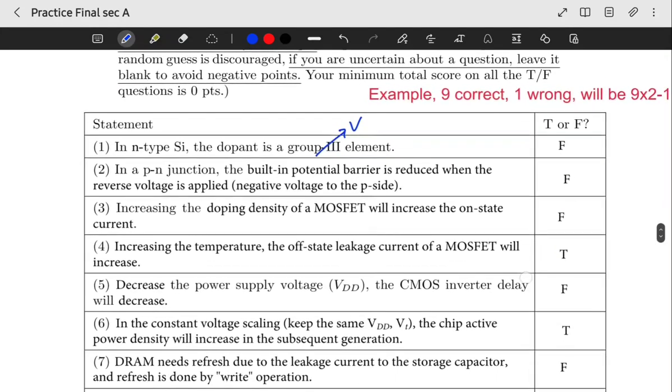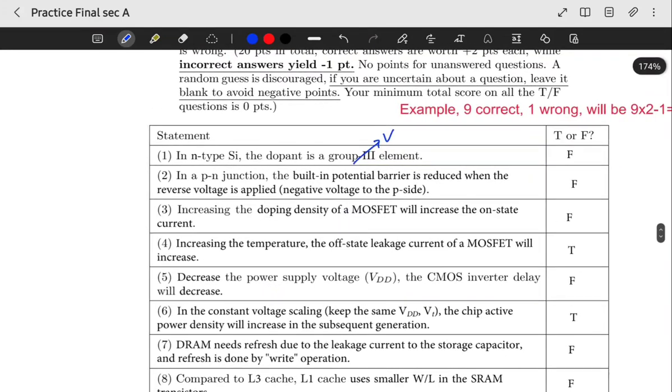And the second question: in a PN junction, the built-in potential barrier is reduced when the reverse voltage is applied. So if you recall, the PN junction looks something like this. Here on the P side, here on the N side. Here it says negative voltage to the P side.